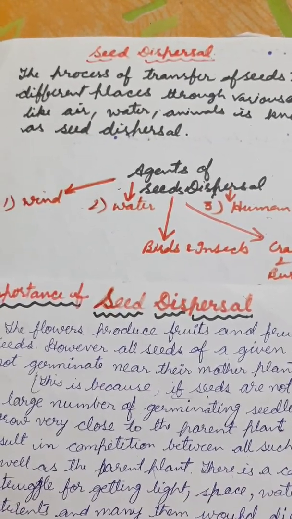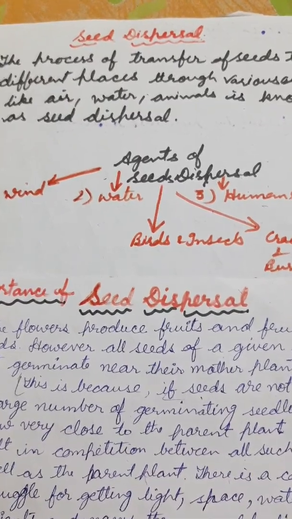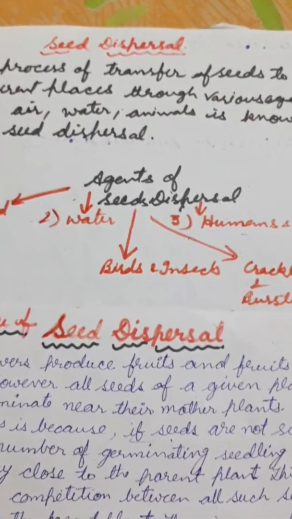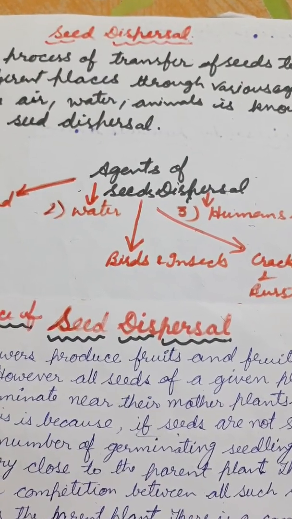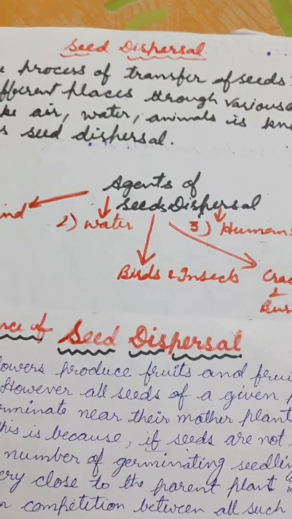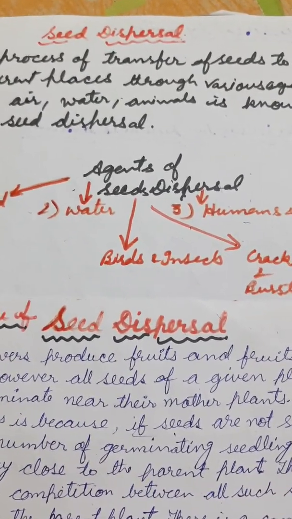Learner, in the previous video we learnt about the germination of seeds, and that germination requires proper rooting of seeds in the soil, which results in the growth of new plants. Now the question arises: how are these seeds fixed in the soil?